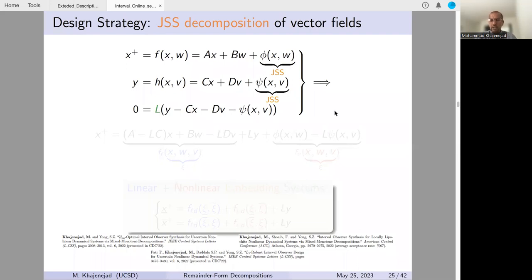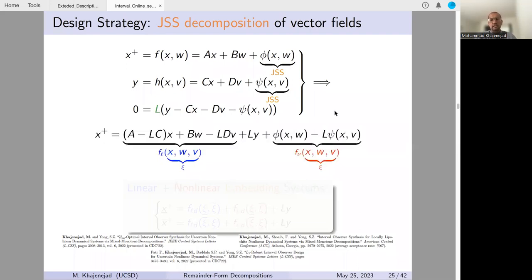From these three, we get an equivalent representation of the original system, which is by construction now decomposed into two system components: one that is linear over state and noise, and the other one which is nonlinear over state and noise.